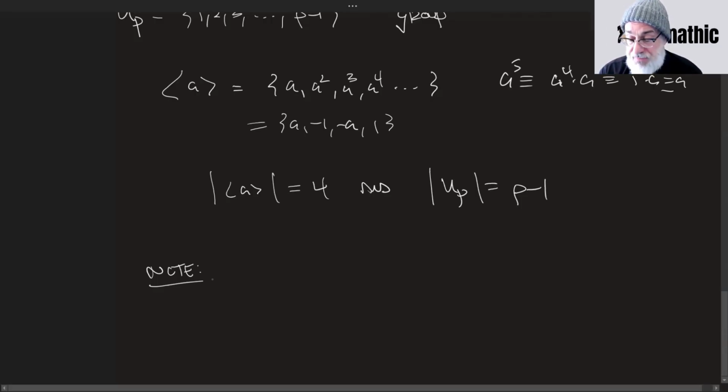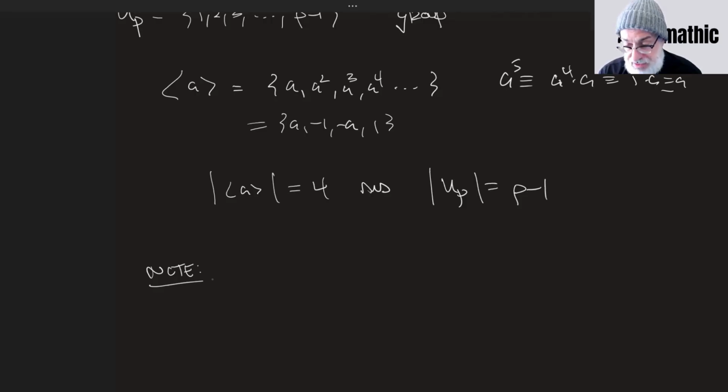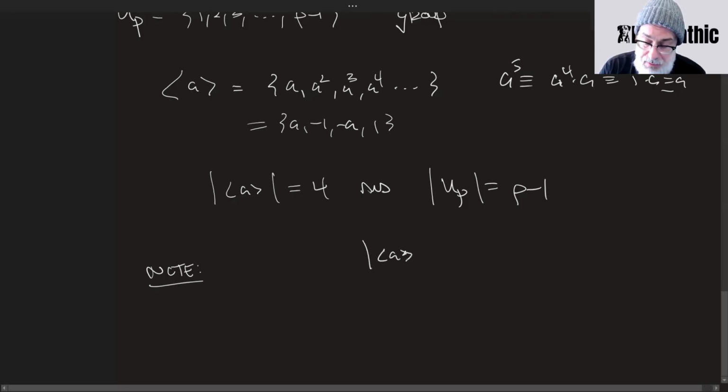But one of them was, again, the cyclic subgroups. And the order of a cyclic subgroup always divides the order of the parent group. And I say parent group, I don't know if that's an official term, the group and the subgroup of the group. So the set generated by a is a subgroup. Now, I'm not going to prove it's a subgroup.